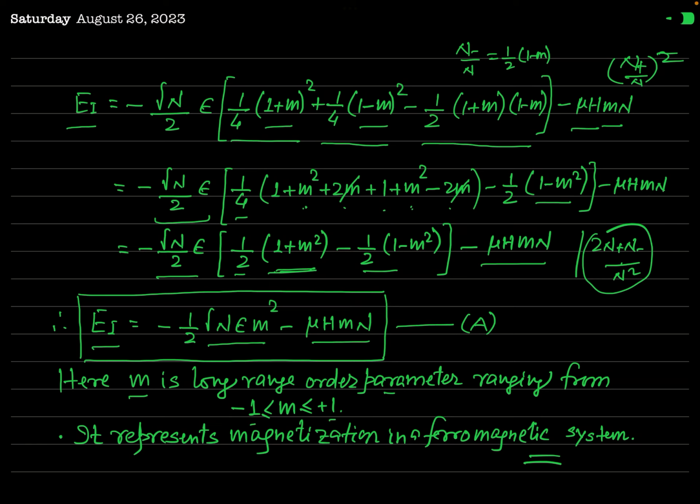Okay. Actually this long range parameter m, you will see later on, represents the magnetization of the ferromagnetic system, and it also represents the dielectric polarization, and so many other magnetic properties.